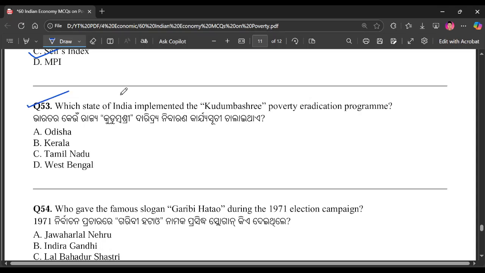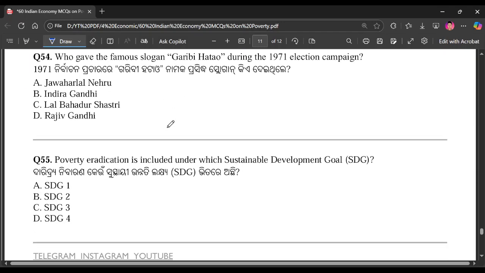Question number 53. Which state of India implemented the Padma Shri Poverty Eradication Program? Right answer is option number B. Question number 54.